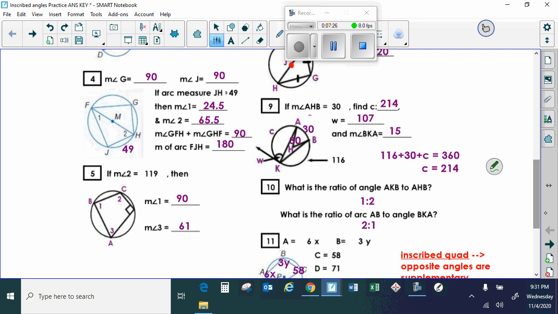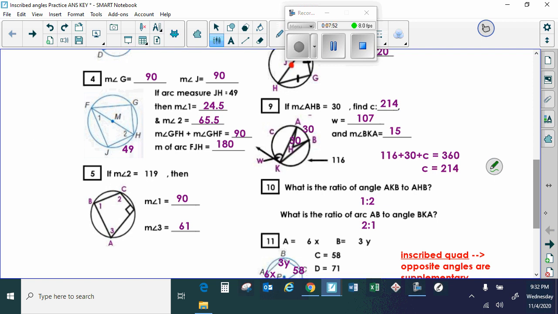The measure of arc FJH right here. You should know it's 180 degrees, half a circle.